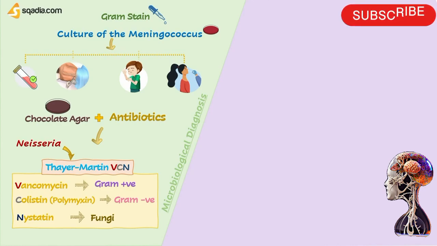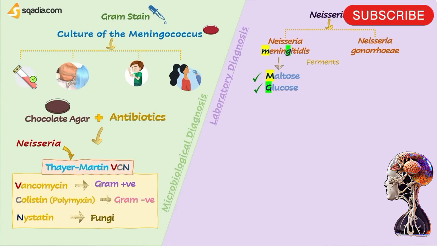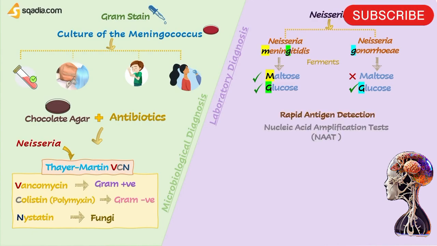and addition of high concentration of carbon dioxide further promotes the growth of Neisseria, while in the laboratory, the differentiation between the Neisseria species is based on Neisseria meningitidis' ability to ferment both maltose and glucose. Quite easy to remember, since there is both an M and G in meningitidis, while Neisseria gonorrhoeae ferments only glucose and not maltose, and that you can remember as G for gonorrhea and G for glucose.